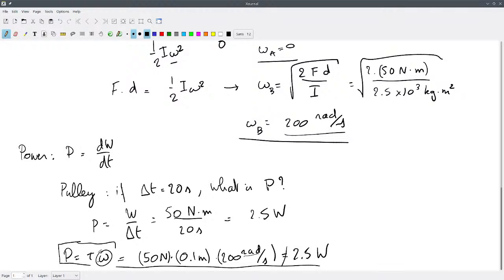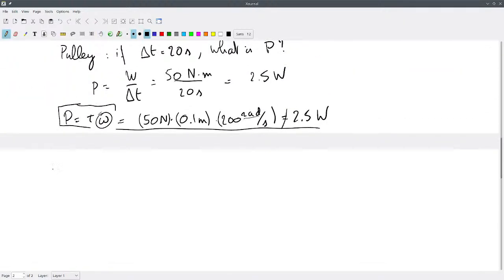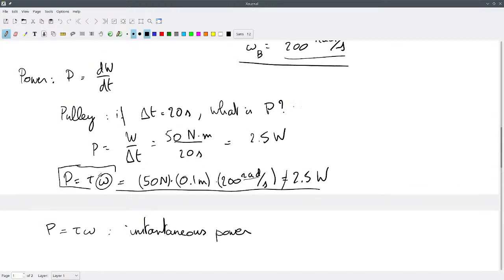So this expression, P is tau times omega, is the instantaneous power, whereas what we actually calculated here is the average power.